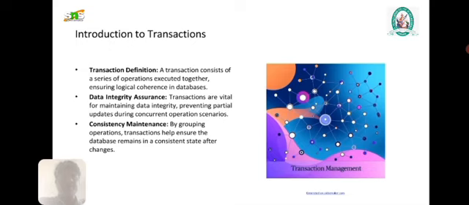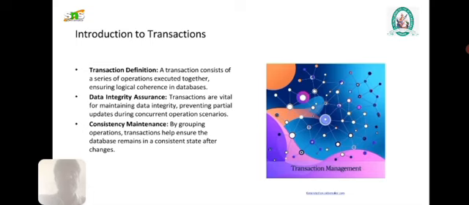First we discuss the introduction to transactions. The transaction definition: a series of operations executed together, ensuring logical coherence in databases. Then data integrity assurance. We can easily maintain data integrity during transaction time, avoiding partial updates during concurrent operation scenarios.